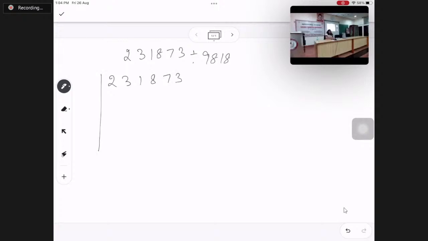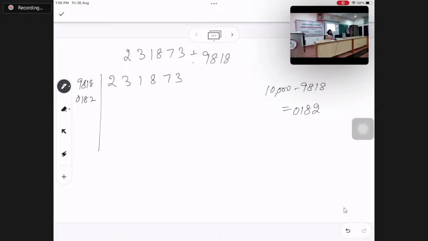What is the base in this case? 10,000. 10,000 has 4 zeros. So we have 9818. If we subtract it from 10,000, it comes out to be 0182. You cannot neglect the 0, because it has 4 zeros.